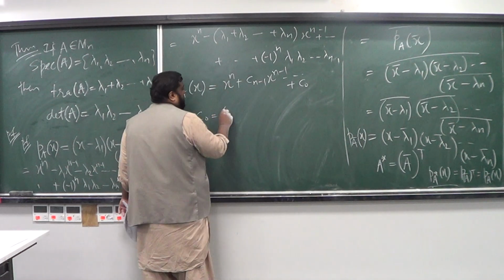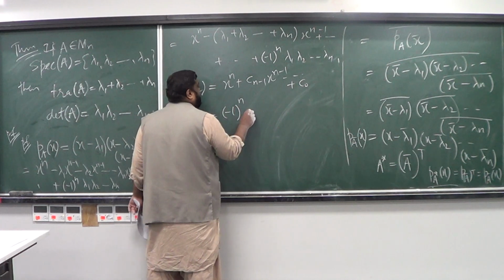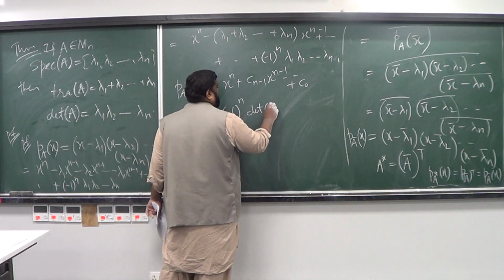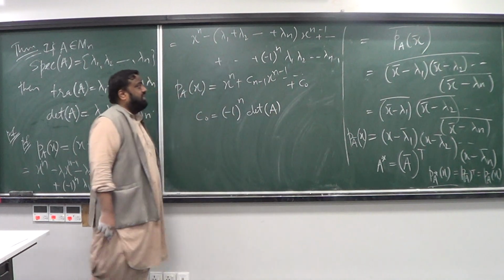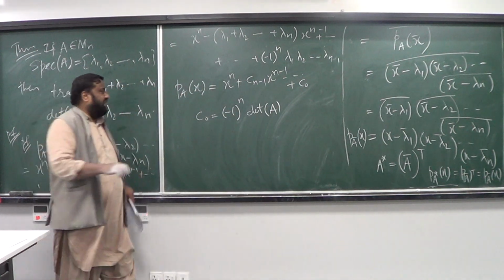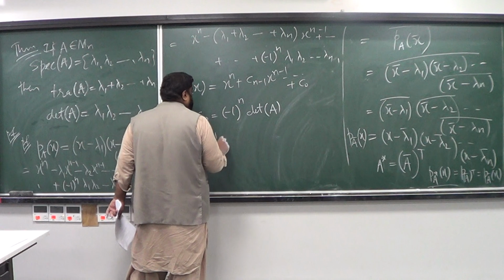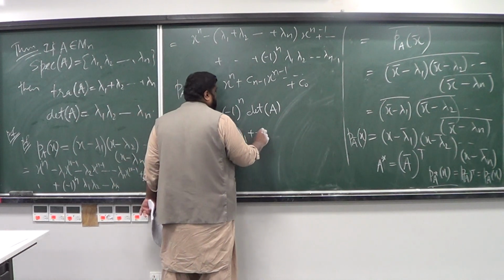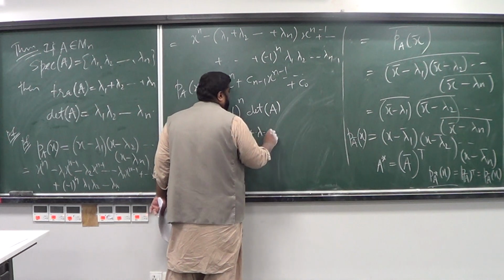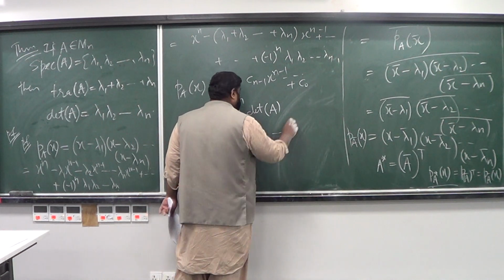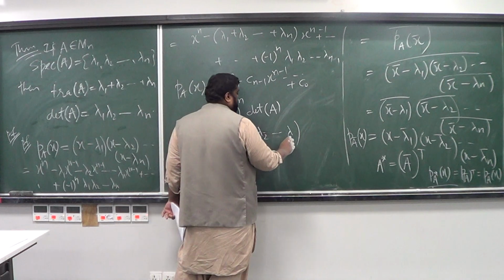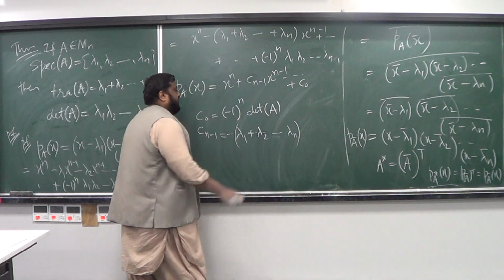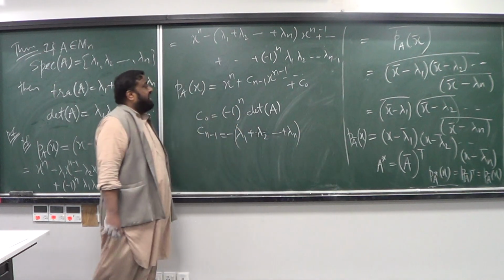C naught was minus 1 power n times the determinant of the matrix A. And c n minus 1 is lambda 1 plus lambda 2 up to lambda n, with a minus sign.